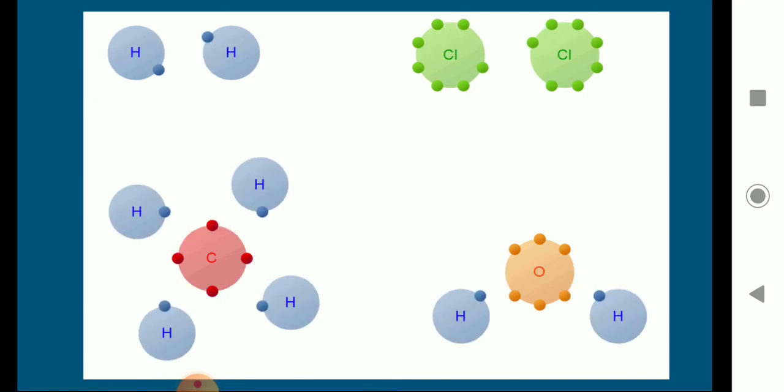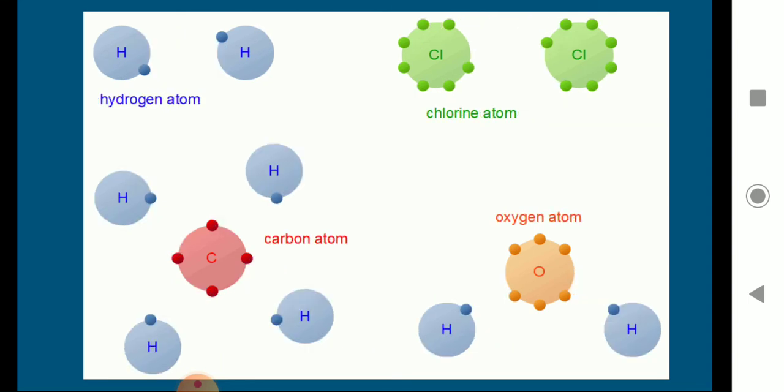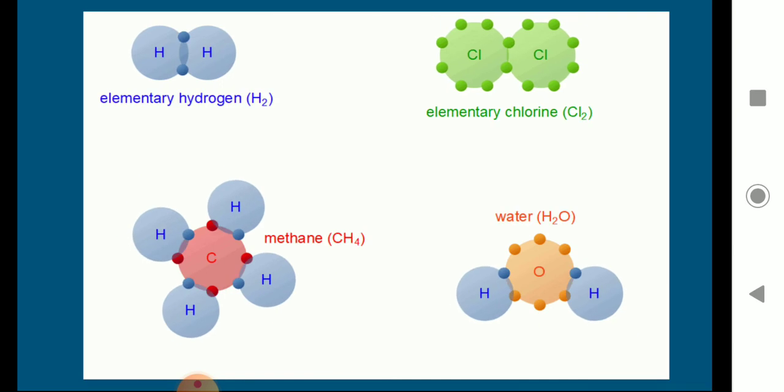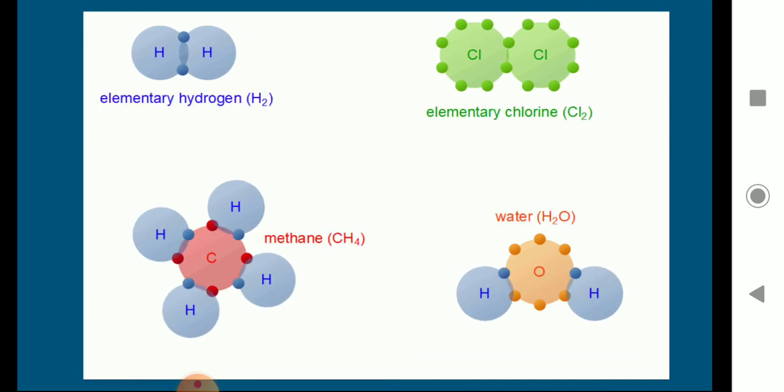Water also the same thing, H2O. See the formula of water, why it is H2O, 2 hydrogen and 1 oxygen. Formula of methane CH4, why it is CH4, C is 1 and H is 4 atoms.